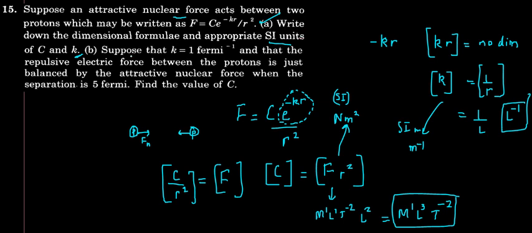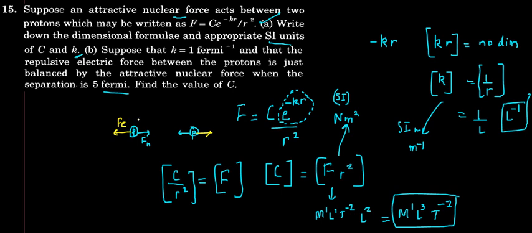Let's look at the B part. Suppose that K equals 1 Fermi inverse, and that the repulsive electric force between the protons is just balanced by the attractive nuclear force when the separation is 5 Fermi. Find the value of C. Here there's an attractive nuclear force acting, but there is also an electrostatic repulsive force in the opposite direction.